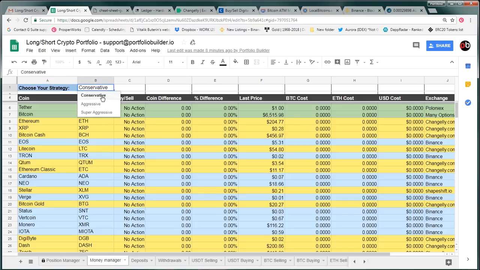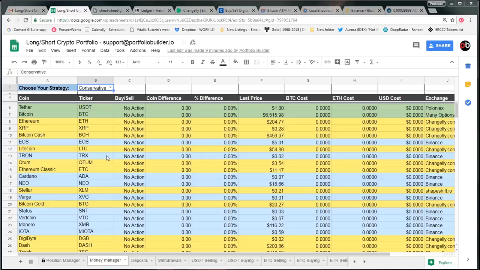We have three settings: conservative, aggressive, and super aggressive. Conservative is the only true index of the market based on the 30-day trading volume. And you'll see that this is a very heavy Bitcoin portfolio. While trends may change, the Bitcoin has proven to be less volatile compared to altcoins.